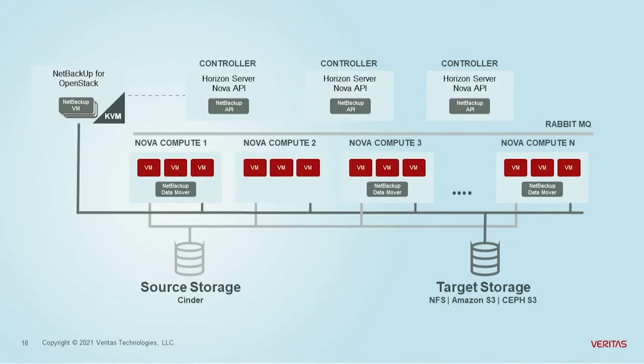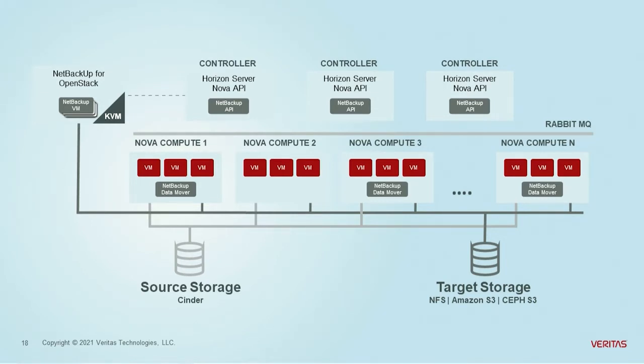NetBackup for OpenStack's architecture is unique, and it includes both a control plane and a data plane. The control plane is implemented as one or more VMs that include a highly efficient orchestration layer. The data plane is spread among compute nodes as a simple stateless data mover.